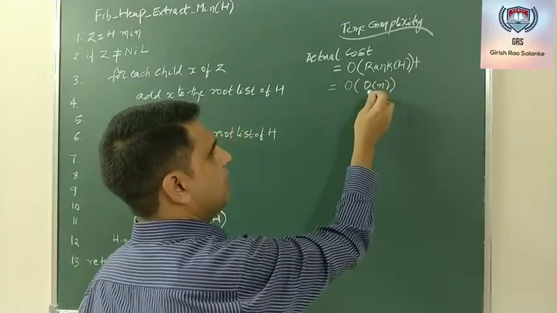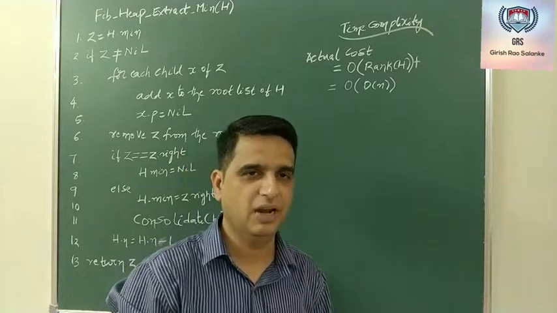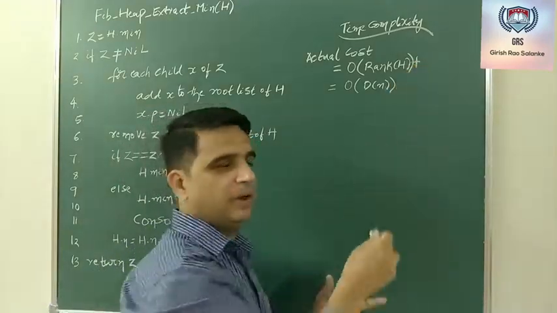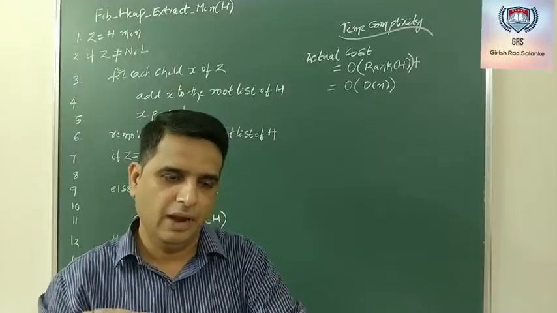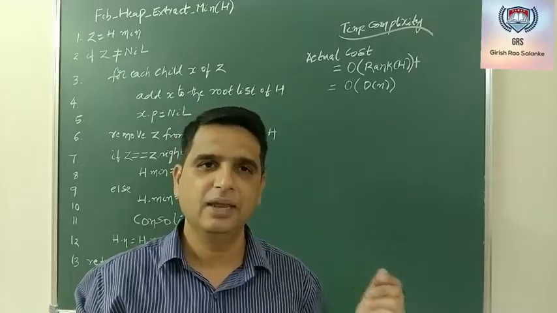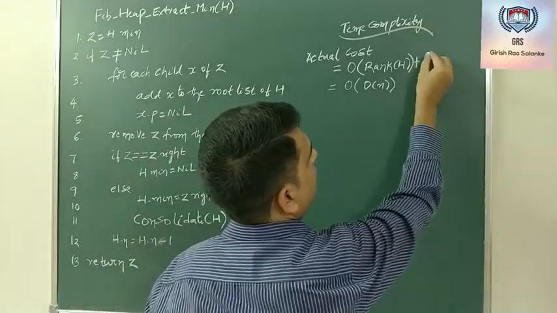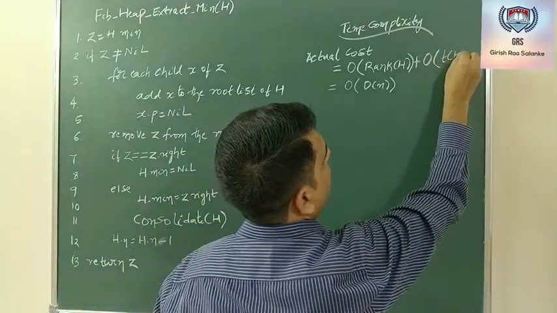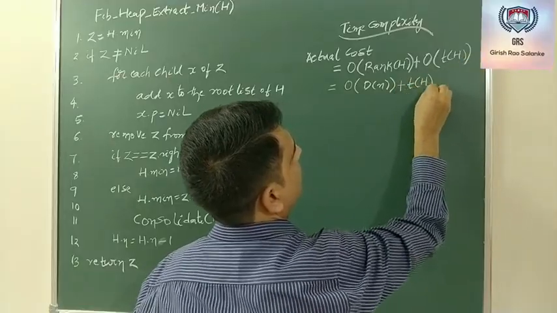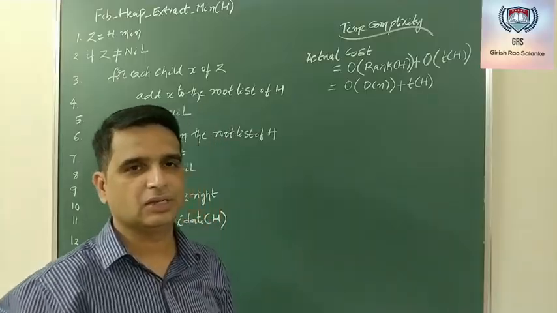Both are the same. d of n is nothing but the number of children that the deleted node has, as well as it depends upon the number of trees that the root list had in case of the Fibonacci heap. So this plus t of h. So this is the actual cost.